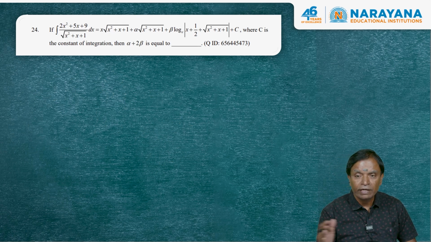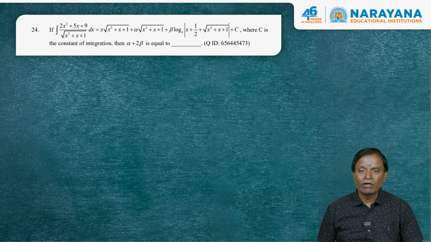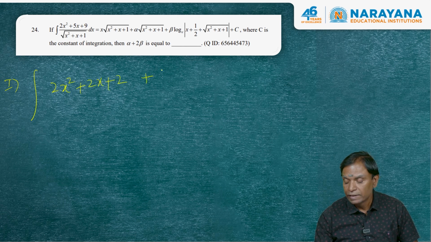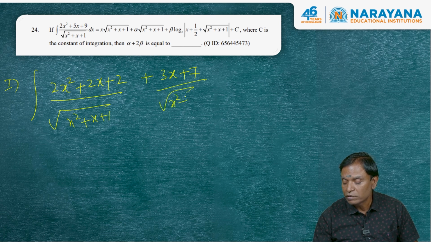Actually, you are given an integral. So here you can go for integration. It is a simple integral only. Numerator 2x square plus 5x plus 9, whatever is there, you split it. This is one method. 2x square plus 5x plus 9 I can write as 2x square plus 2x plus 2 plus 3x plus 7 by root of x square plus x plus 1 dx.